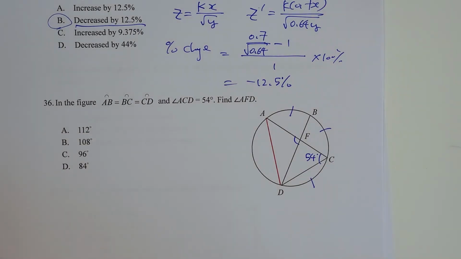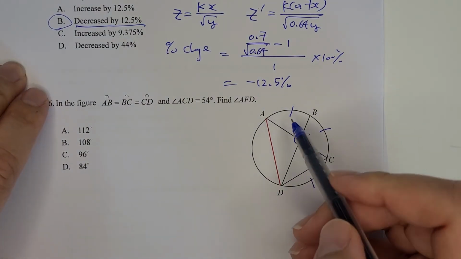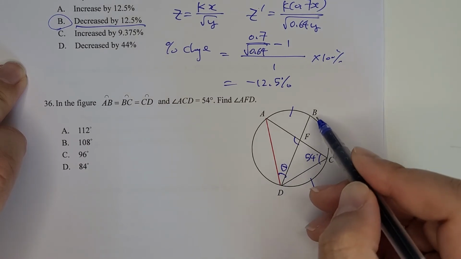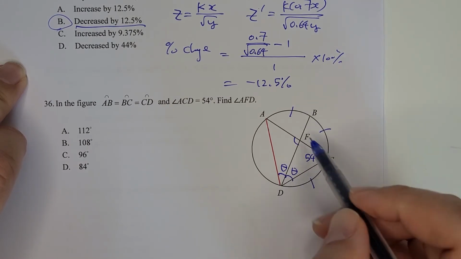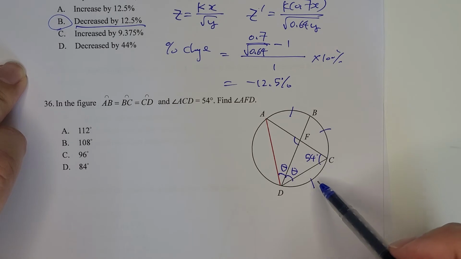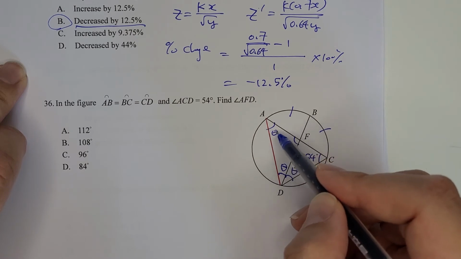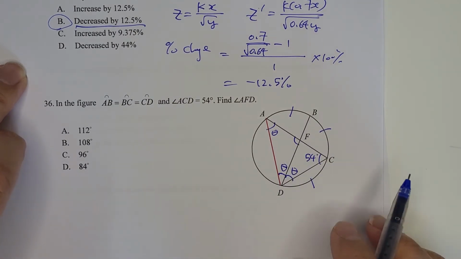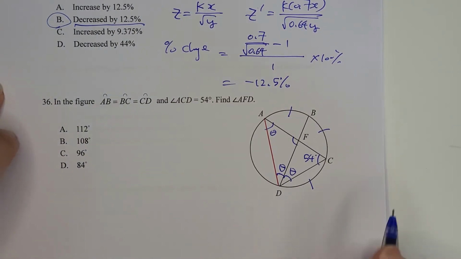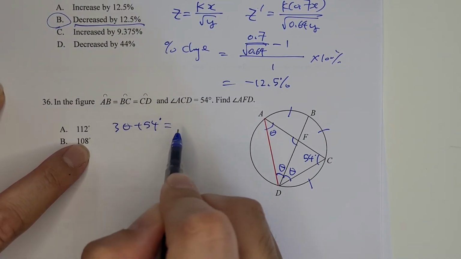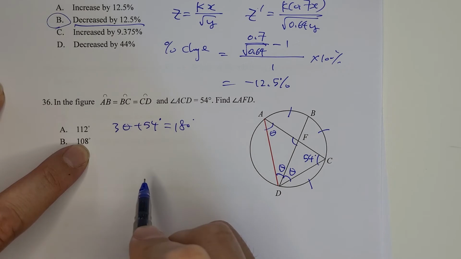Then the angles subtended by the arcs will be the same. Angle ADB we call theta, BDC is theta, because they have the same arc length, so they give the same angle at the circumference. All those are the same. And then DAC is also theta. So you can set up the equation: 3 theta plus 54 degrees equals 180 degrees.